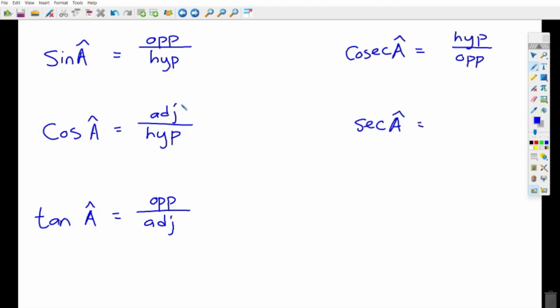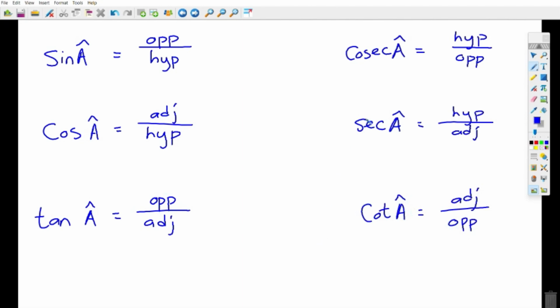So what's the reciprocal of adjacent over hypotenuse? Hypotenuse over adjacent. Very good. And what is the reciprocal ratio for tan? Cot of A. And if it's the reciprocal of this, we know that cot of A is adjacent over opposite. Very good.